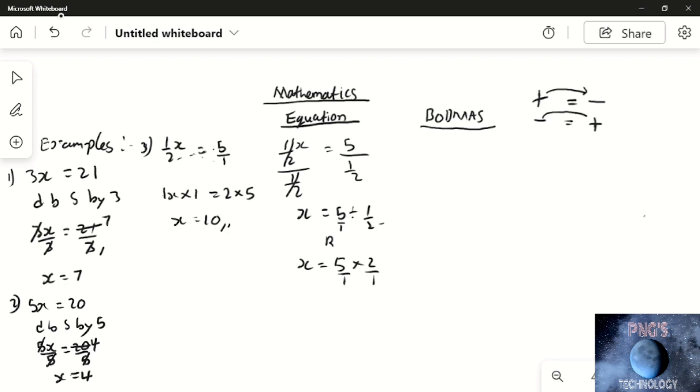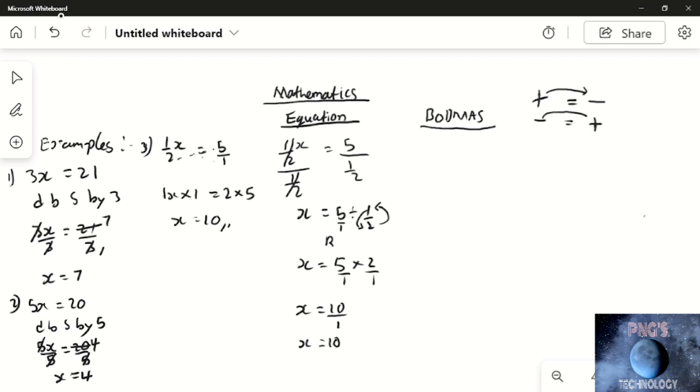Because we reciprocate, this one goes up, this one comes down. I'm solving this another way so that you can get it more clearly. So x equals 2 times 5 is 10 over 1 times 1 is 1. Anything divided by 1 is still the same thing, as we have said from the onset. So we see it as 10. So I guess you might be well convinced right now.